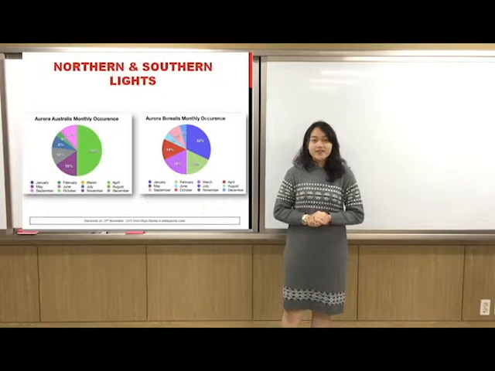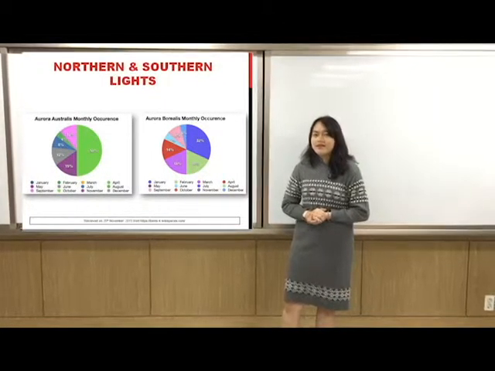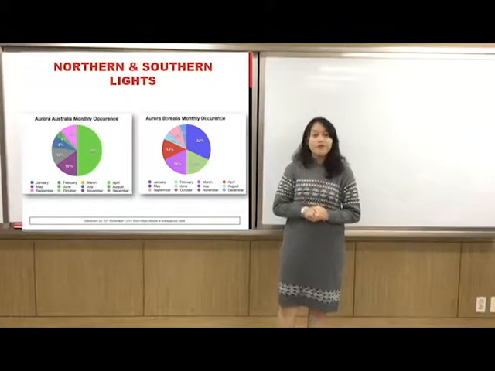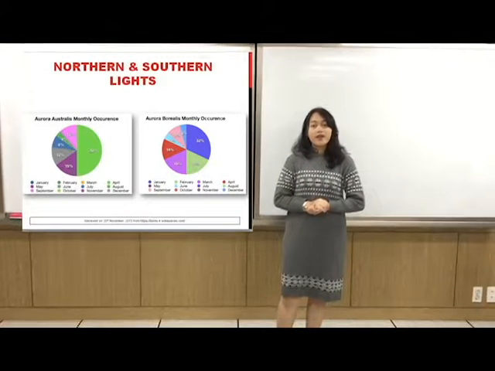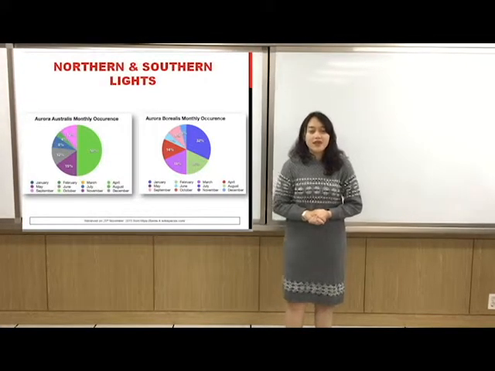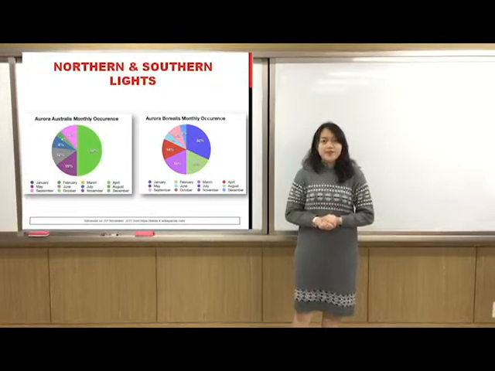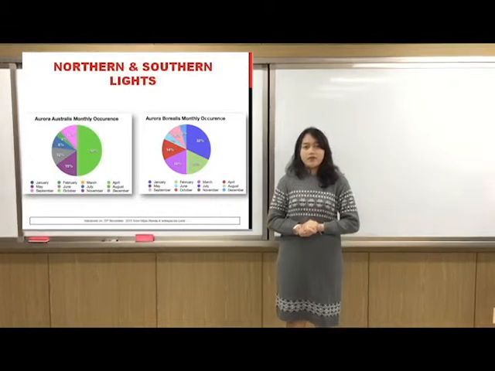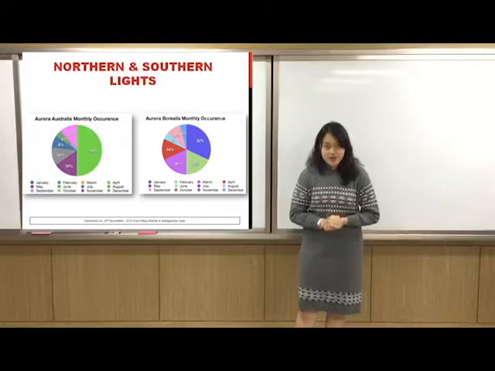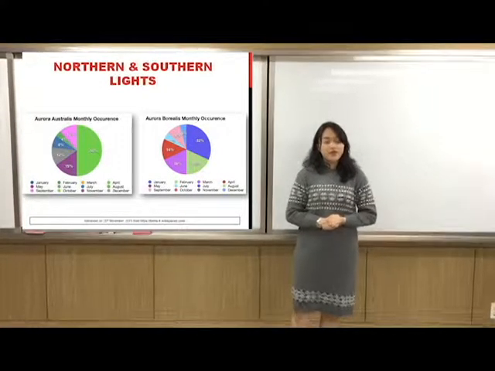The monthly occurrence for aurora australis is about 50% happening in August, and for aurora borealis it mostly happens in May. The highest for aurora borealis is 32%.